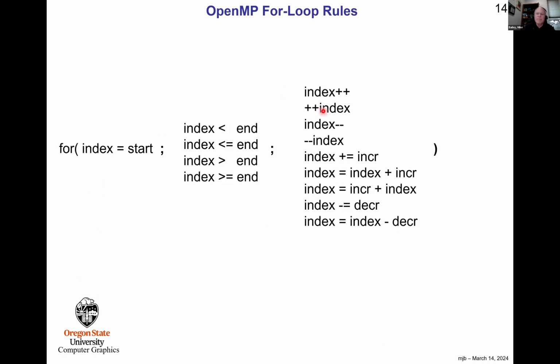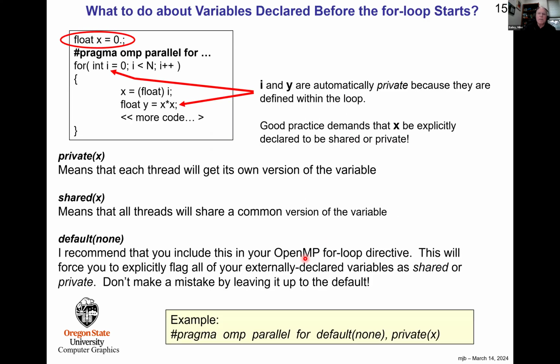Also, there's a slightly reduced list of ways you can test for termination, and there's a slightly reduced list of ways you can change the index in between for loop passes.